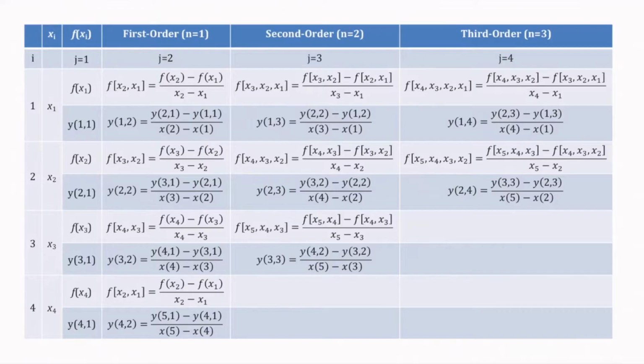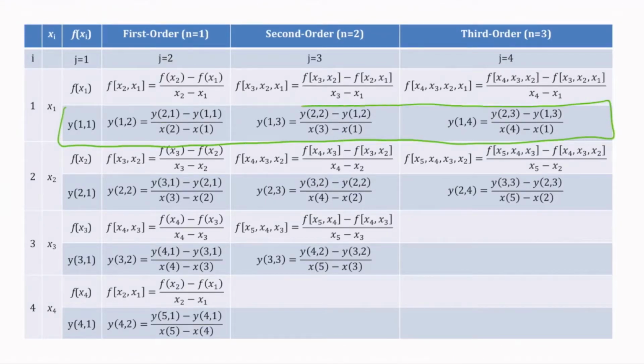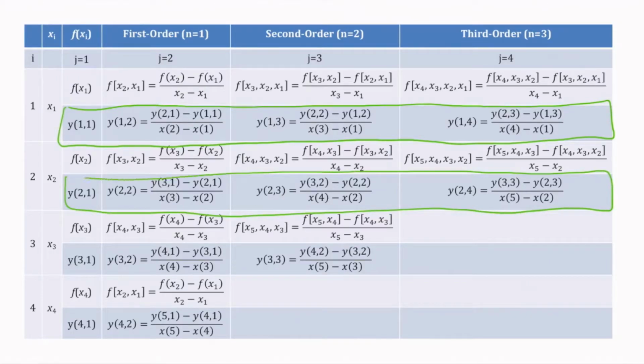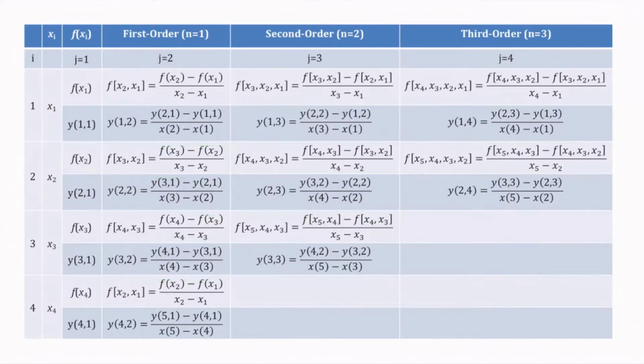Now, notice that we have these darker shaded regions here. What you will find in these cells is how you implement these Newton divided differences in equation form. This is where the index j comes in.